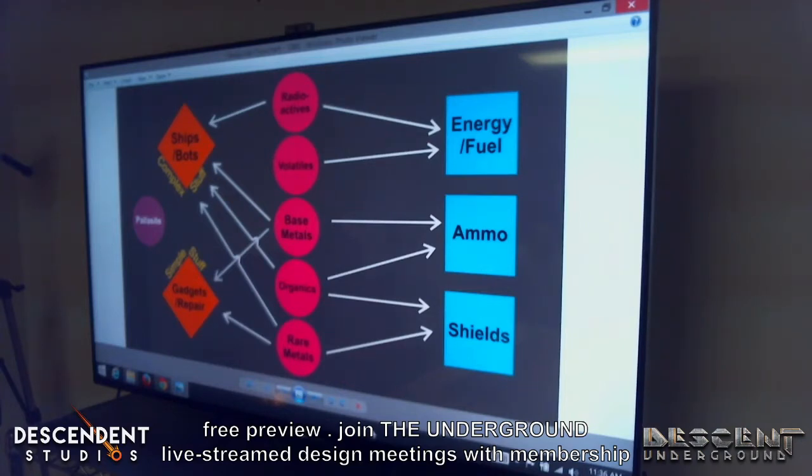The arrows represent recipes. If you look at the five categories of basic mineable materials, the idea is that you would combine maybe two for the simple things or maybe four for building ships back at your harvester.